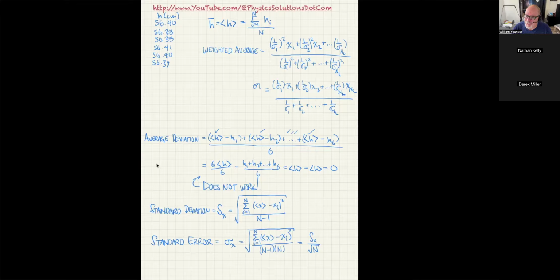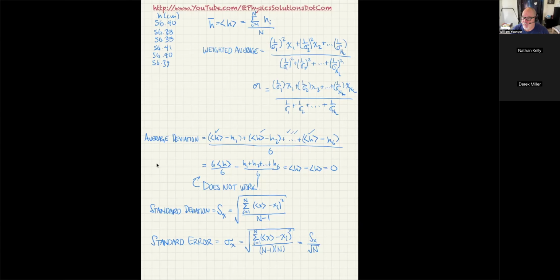Remember, I told you before you do any of this measurement, you have to estimate what the instrumental uncertainty is. So if you've done that, you now have an instrumental uncertainty written over here somewhere, and it might be 0.001, or it might be 0.01, or it might be 0.03, or whatever. The main thing is you now have that instrumental uncertainty, and you have the standard error, and you have to take the largest of the two.